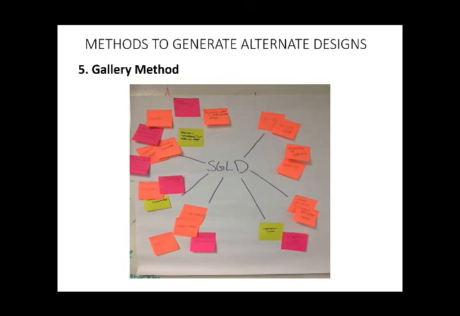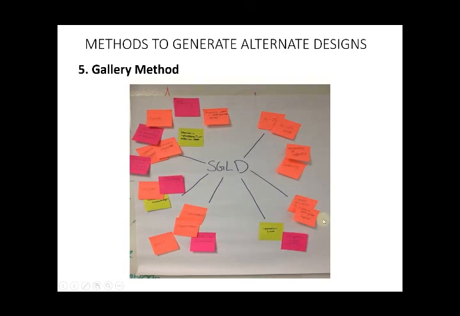All these design concepts are collected from the different designers and stuck onto a whiteboard or a blackboard. As you can see in the figure, they are stuck onto a board so that the entire team can see what each person has written.